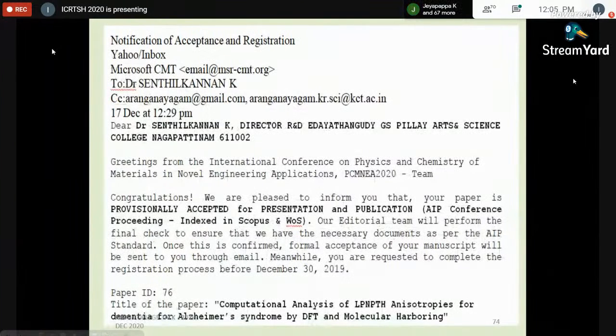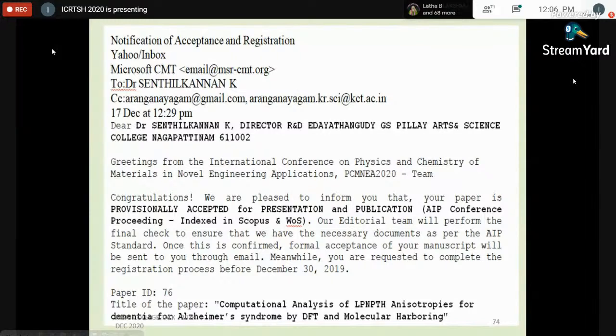And this is the AIP, American Institute of Physics, journal publication. This is for LPNP TGH. I have already discussed the same in a different conference, so I will not discuss that data. So it is called Alzheimer's syndrome. In Alzheimer's syndrome we are not recollecting things. The memory is said to be lost in the brain due to nerve deficiency, and we are not recollecting things from the past 1 week like that.